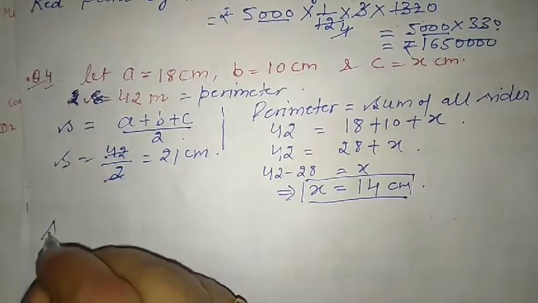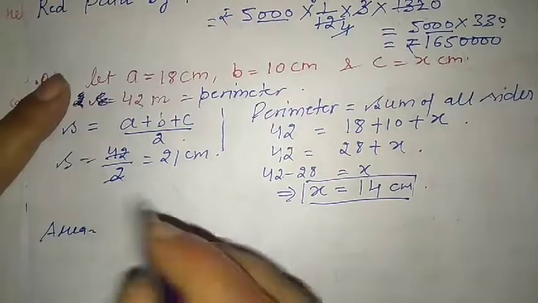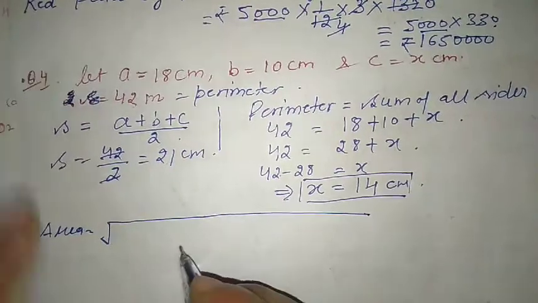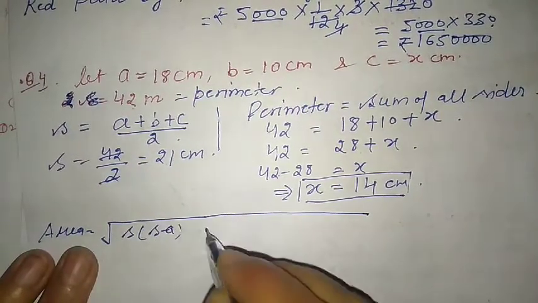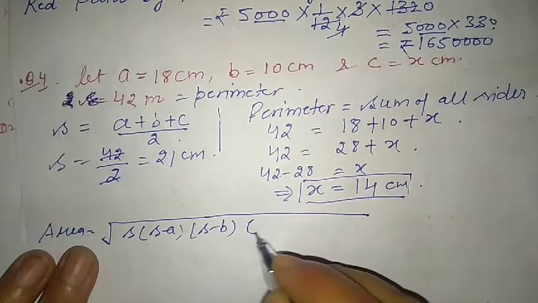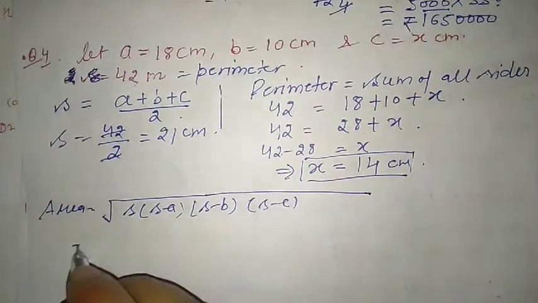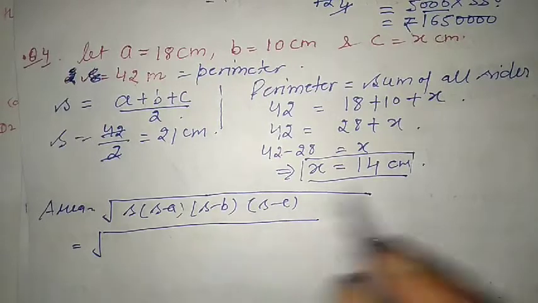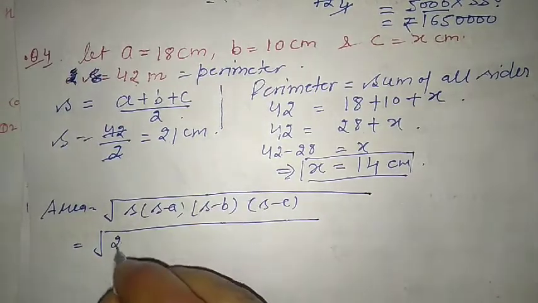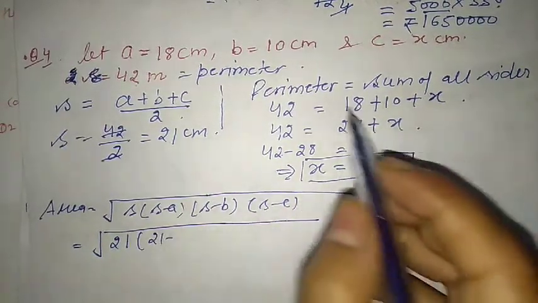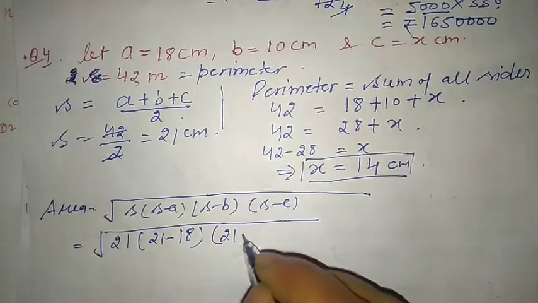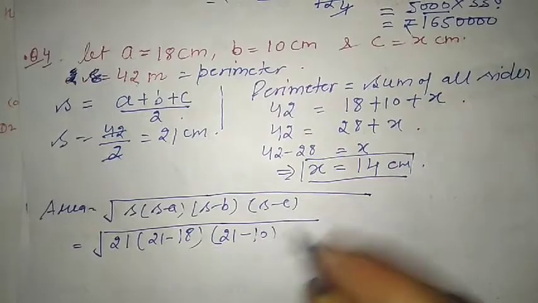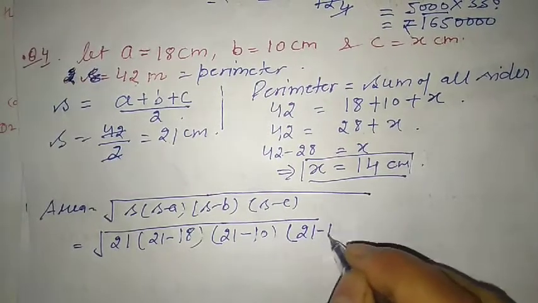Now area. We know the formula: area is under root S into S minus A, S minus B and S minus C. S we have is 21. 21 minus A is 18, 21 minus 10 and 21 minus 14.